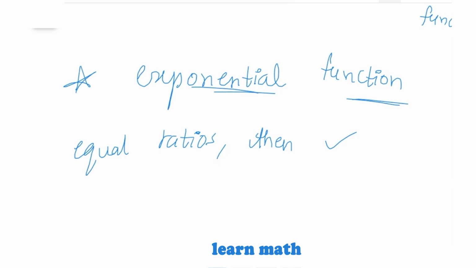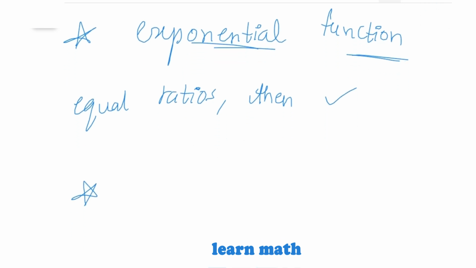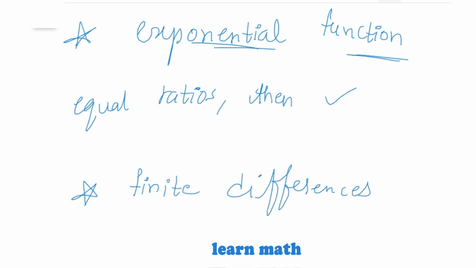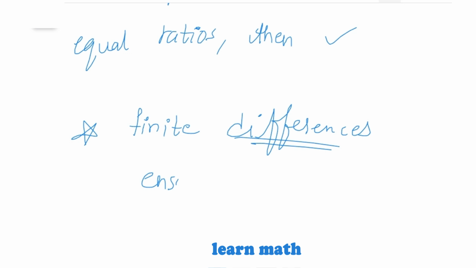So these are called finite differences: the first difference, second difference, or exponential tests. For finite differences, ensure that the values are arranged in sequence.